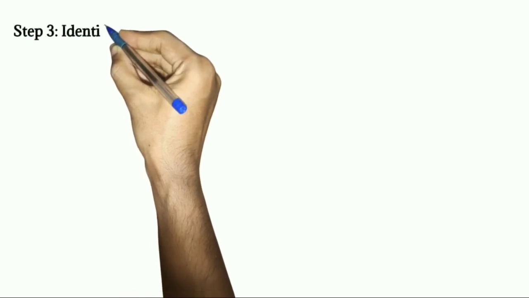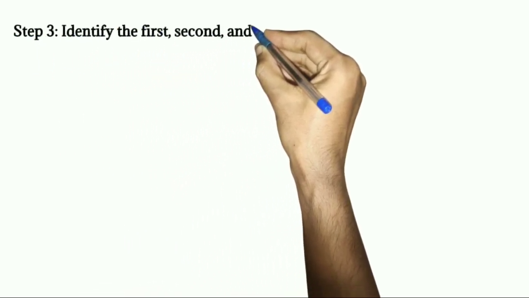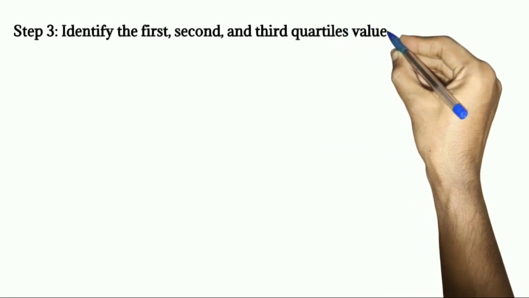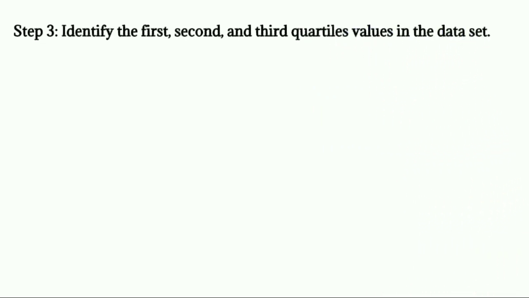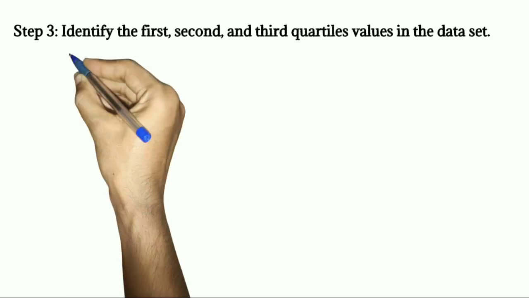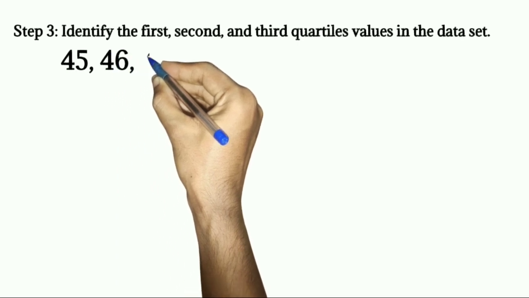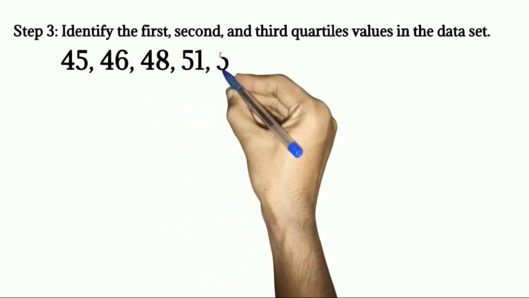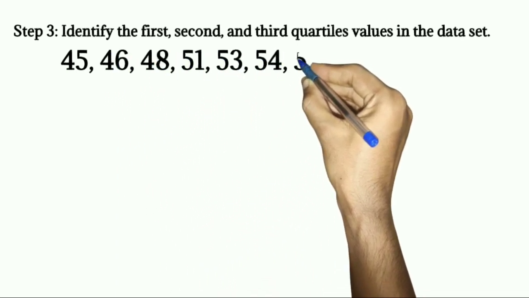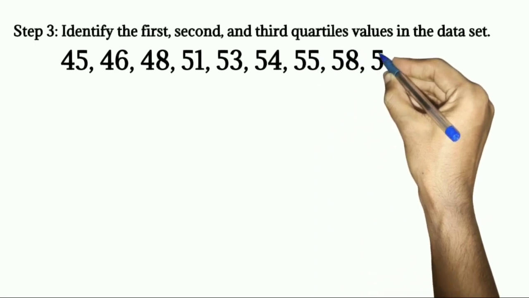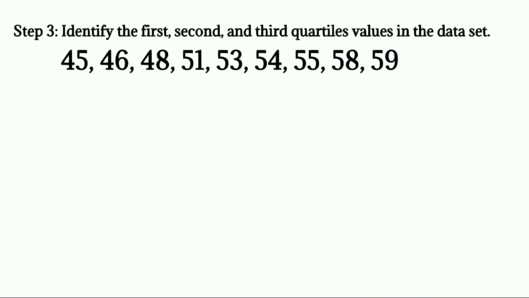After that, the next step is to identify the first, second, and third quartiles values in the data set. The data in ascending order are 45, 46, 48, 51, 53, 54, 55, 58, and 59.